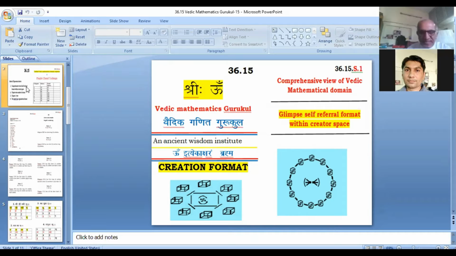It is this bridging in terms of self-referral format of Surya of our solar universe, which as such is the subject matter of chase of the mathematical domain applications here in this case of Pingal Chand Vedanga.